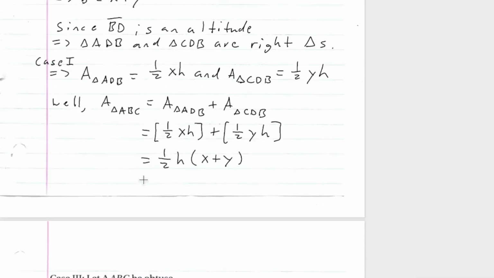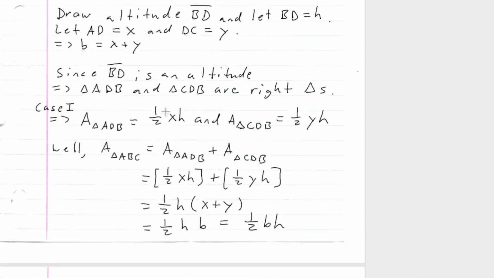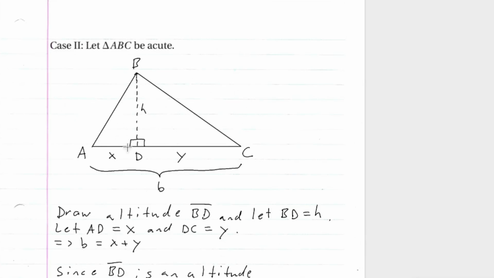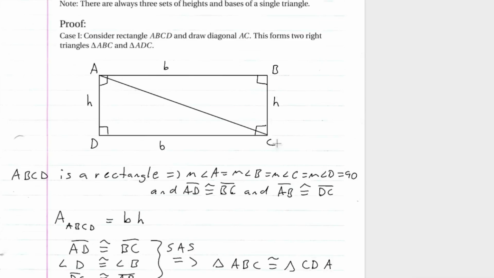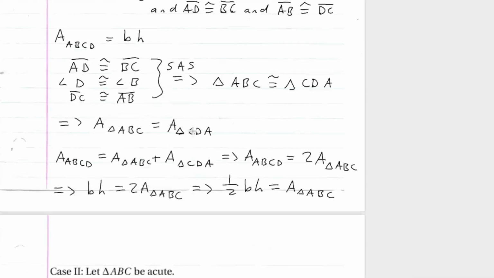So this is equal to 1/2 H times B, or 1/2 base times height. So we showed that for an acute triangle, the area is still 1/2 the base times the height, using our previous case that we knew that the area of a right triangle was 1/2 base times height.